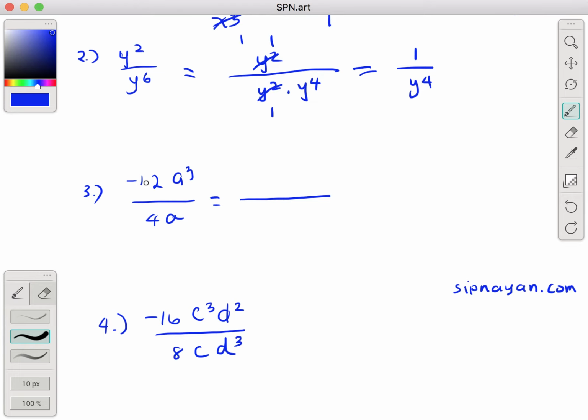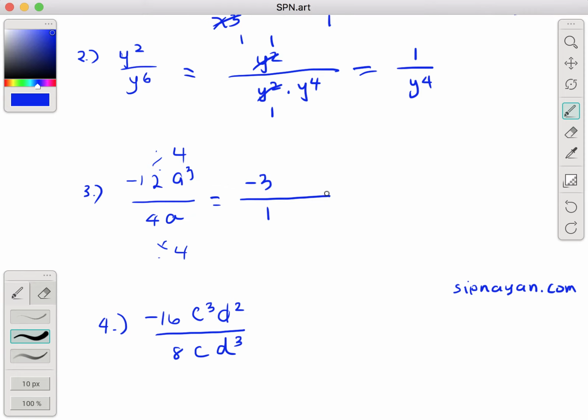Pwede tayo mag-divide by 4, di ba? So, negative 12 divided by 4 is negative 3. Tapos yung 4 divided by 4 is 1.